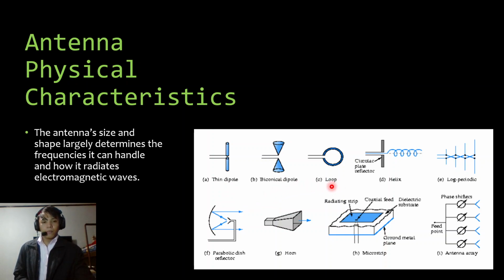This is the loop. This is the helix. This is the log periodic. This is the parabolic dish reflector. This is the horn type. This is the microstrip. And this is the antenna array.